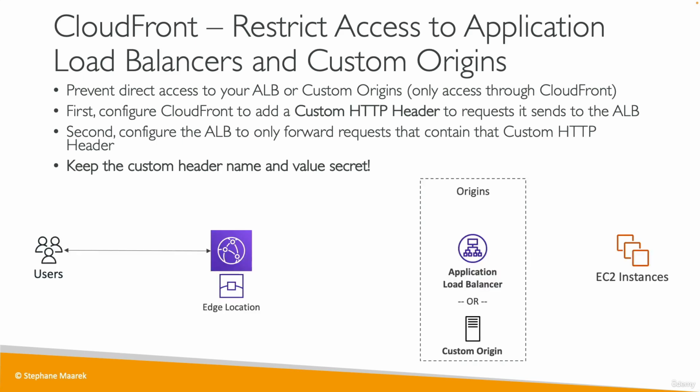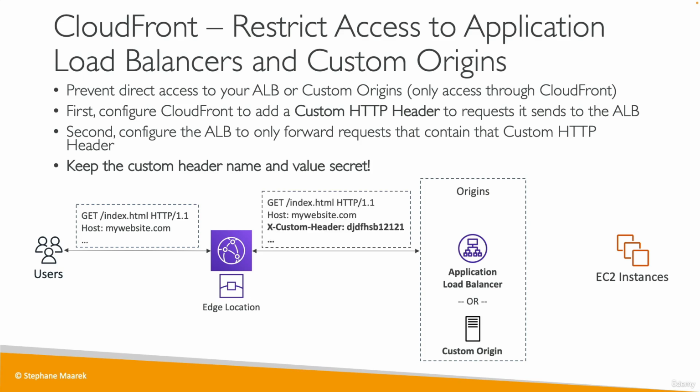Well, you have your users accessing CloudFront. They will perform an HTTP request, and CloudFront is going to add a custom header with a secret value. Then your origin, be it your application load balancer or your custom origin, will have some logic so that anything that does not have this custom header and this custom value will be discarded, else it will be forwarded to your backend.